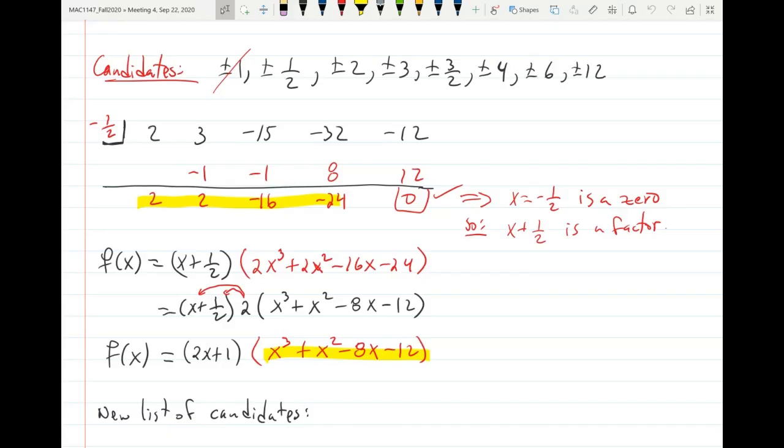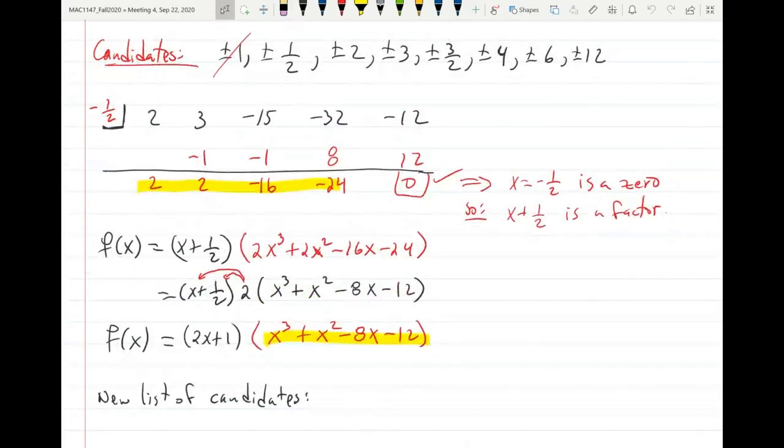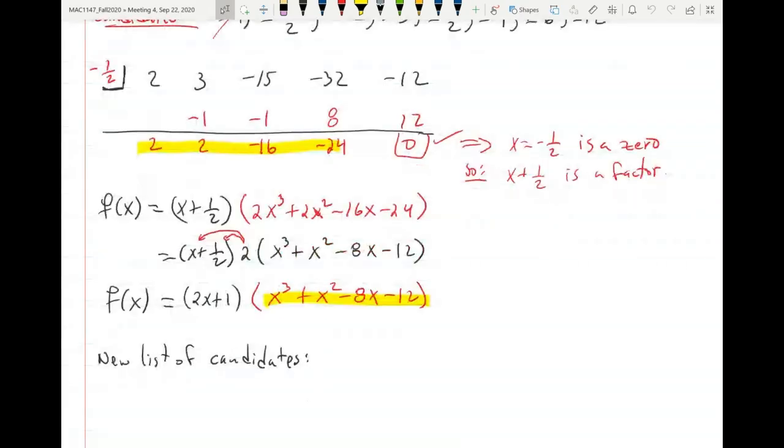But the reason I'm ignoring negative 1/2 is because it cannot be a zero of this new one, since the denominator is only allowed to be positive or negative 1. I'm not trying negative 1/2 again, even though remember that a 0 can come with multiplicity, meaning it will be a 0 more than once. So you have to watch out for that.